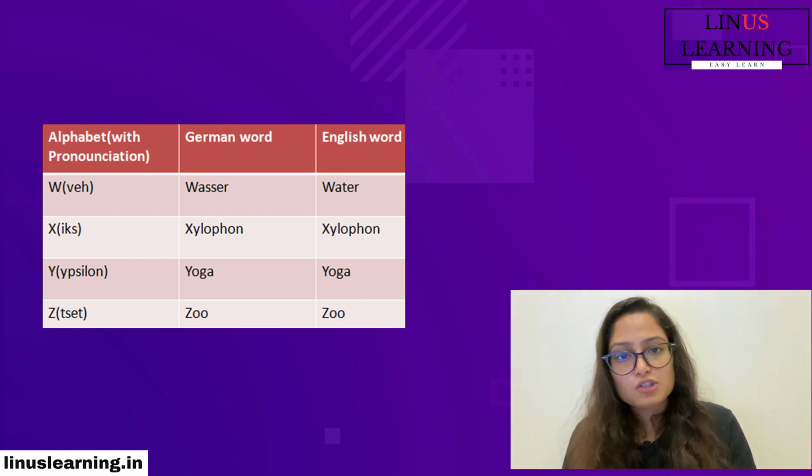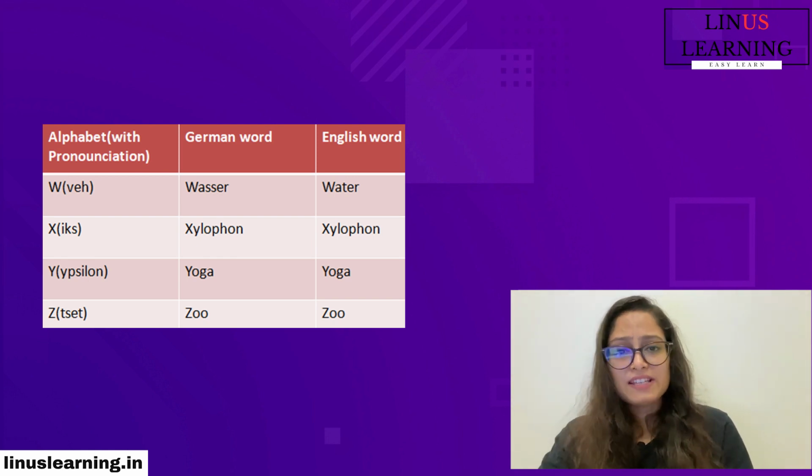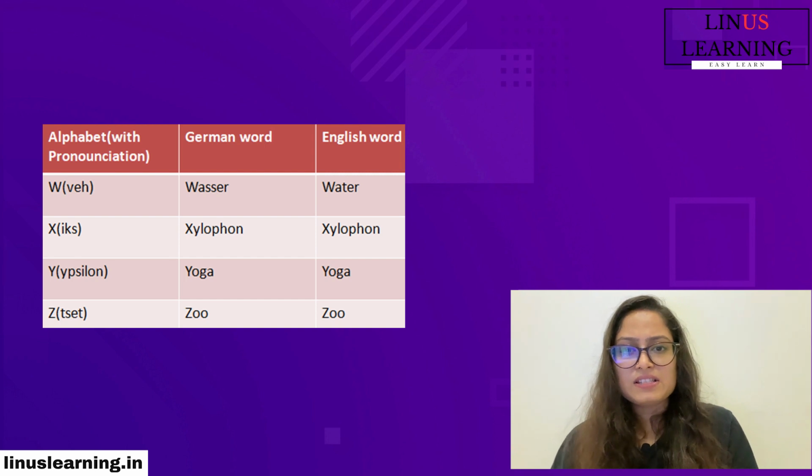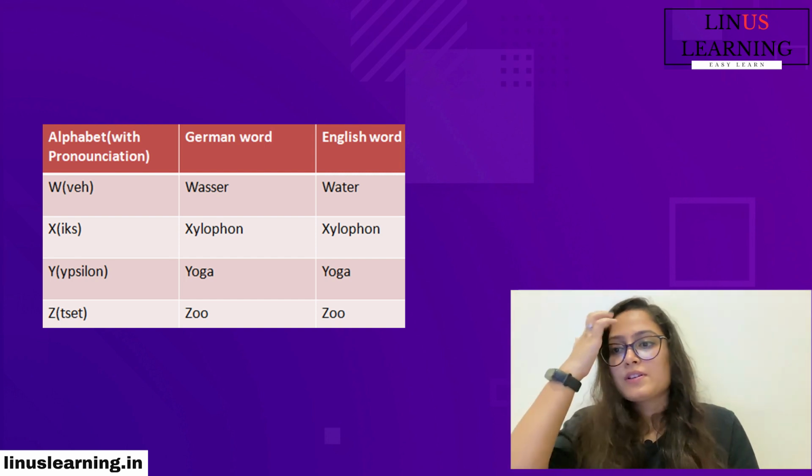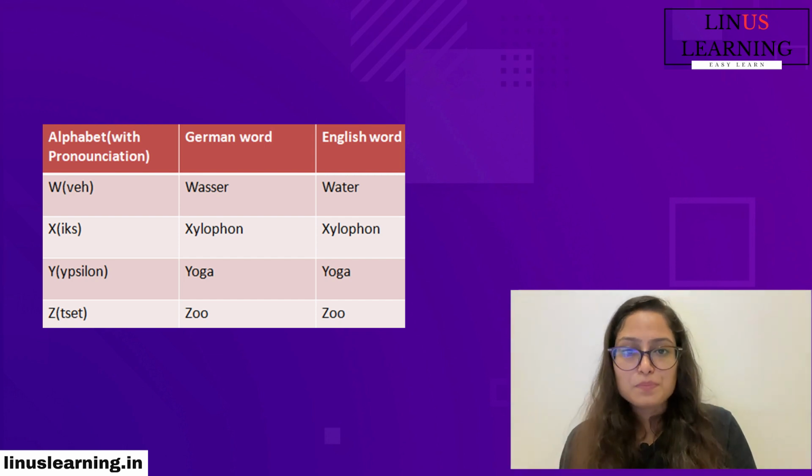The pronunciation of the word will be the same, yacht. But if I ask what letter it is, then you have to say Ypsilon. Then Z is Zet, like T-S-E-T, the T is silent. So again Y is Ypsilon and Z is Zet.